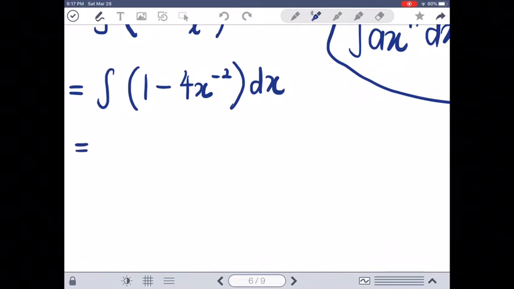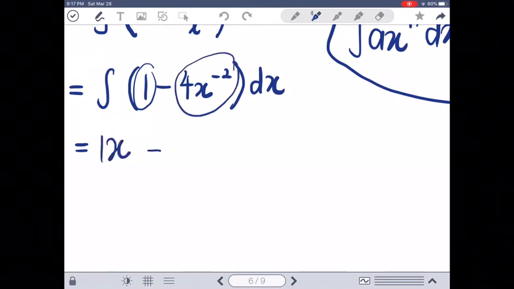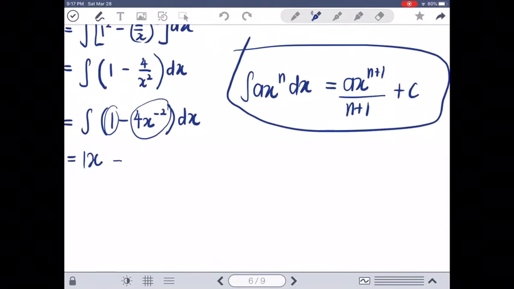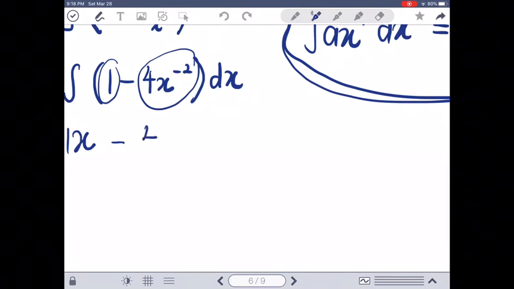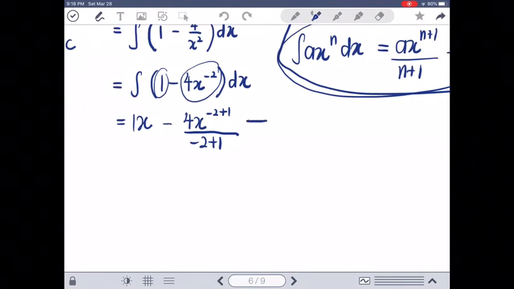So the integration of 1 will equal x or 1x, minus the integration of this part, using this formula. It will become 4x to the power of negative 2 plus 1 over negative 2 plus 1, and again, indefinite integral must put plus c.